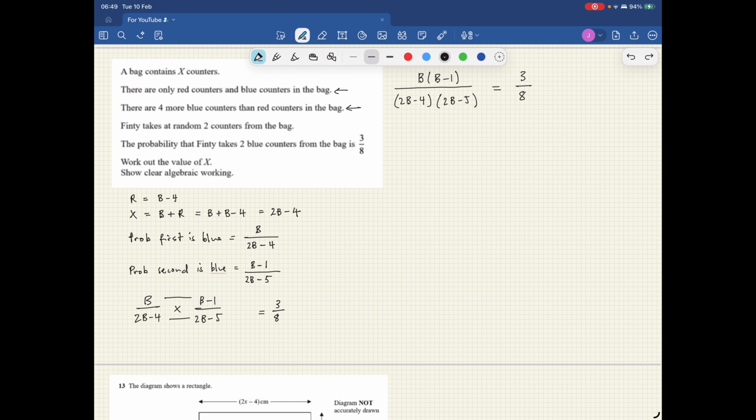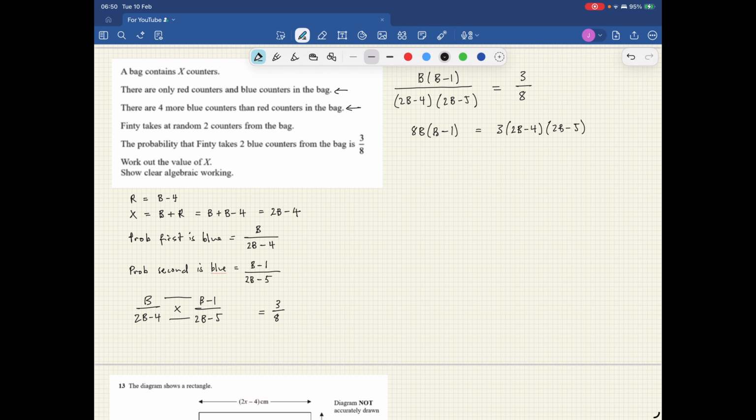I'll get rid of the 8 there. So I'm going to end up with 8b minus 1 on that side, and I'm going to end up with 3, because we normally put the numerals first, 2b minus 4, 2b, let's do that again, 2b minus 5 on that side.